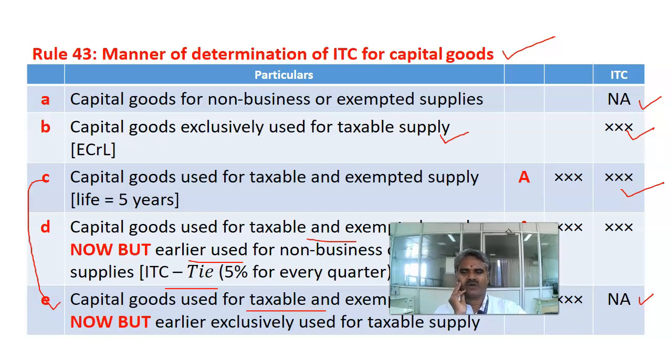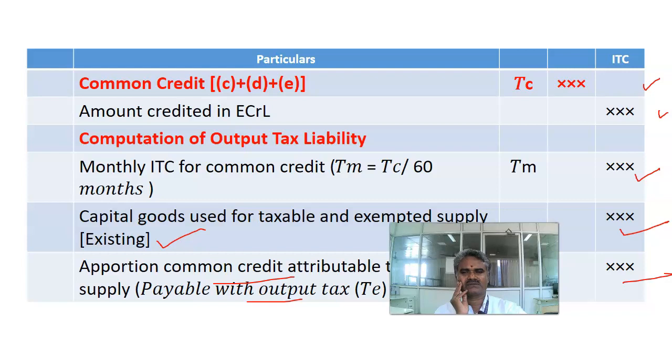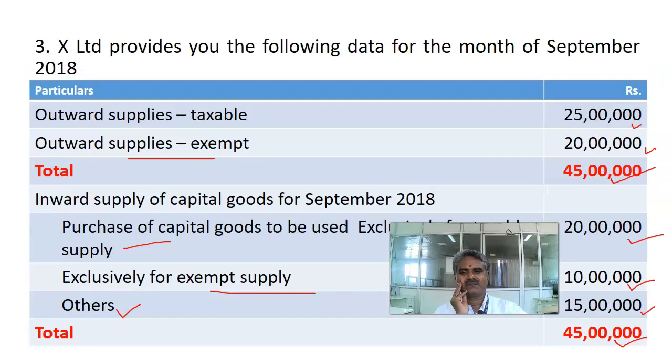These steps will be followed to calculate ITC for capital goods. Because in capital goods, whether you are registered or not, you have a stock and finished goods or machinery, you are eligible to claim ITC.